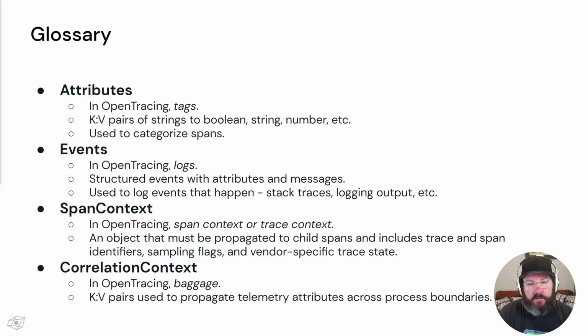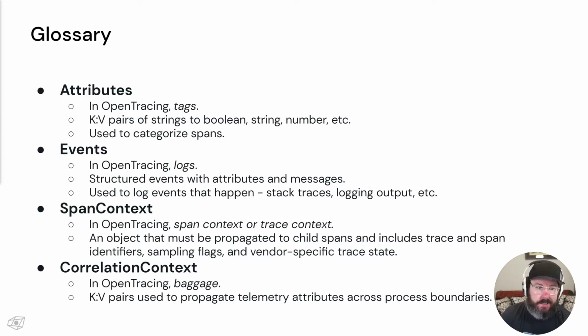Also, I should say the span context is also what has sampling flags, and then there's also something called trace state, which is vendor specific tracing information. We won't really talk about that much more, but know that it's there. Finally, there's correlation context. If you are familiar with OpenTracing, then correlation context was called baggage in there.